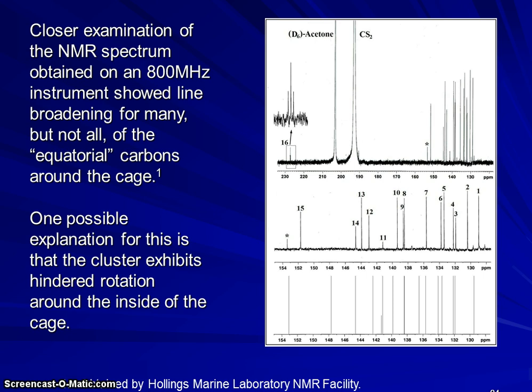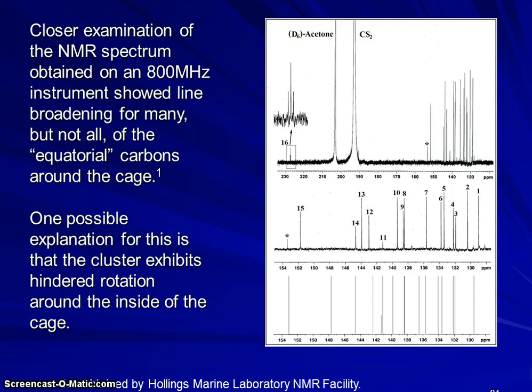It's a C2 minus ion, and so that negative charge rotating past each of those carbons would broaden their peaks in the NMR. So this only became visible at very high field with lots and lots of scans, and it was Hollings Marine Laboratory NMR that made these scans for us.